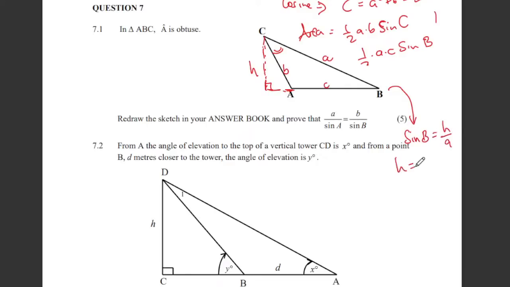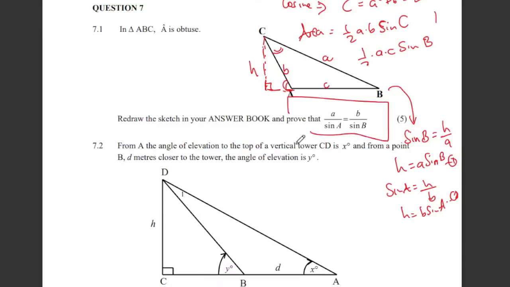Make h the subject: you have a sine B. Then focusing on this triangle, sine of A, the opposite is h over b, make h the subject, it's b sine A. Equation 2, probably equation 1, and then equate the two equations, and then divide through by sine A sine B, you'll get to that part.